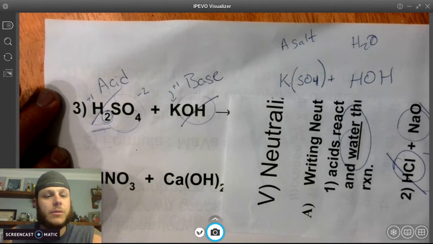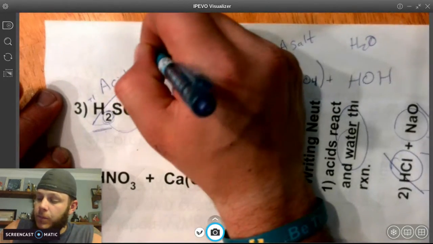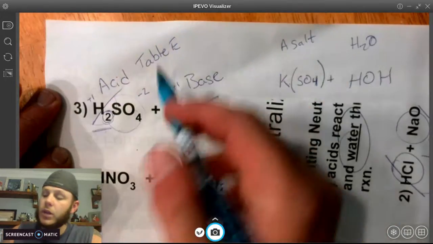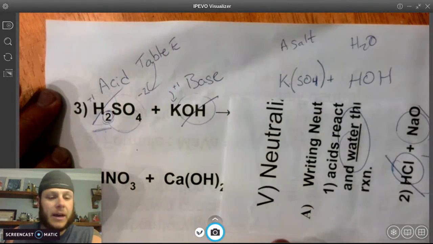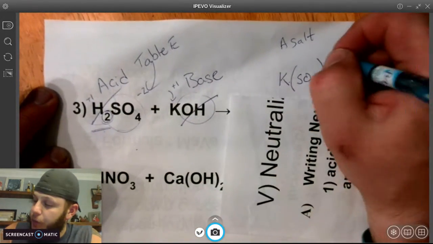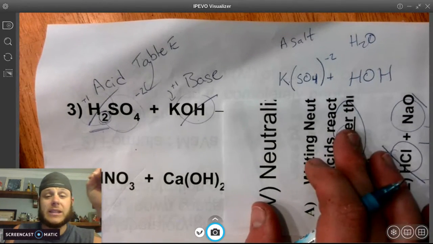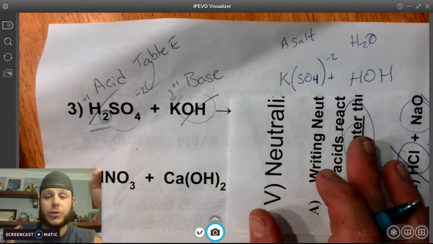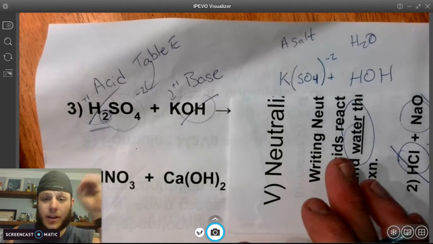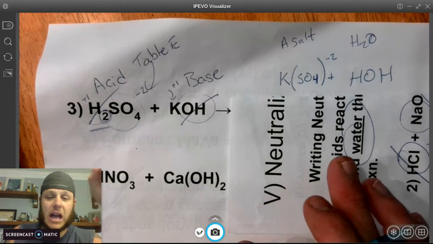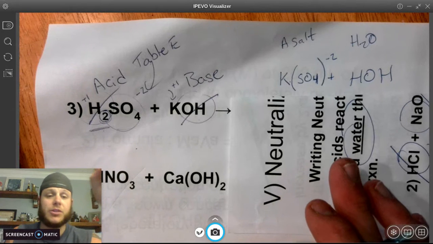It's in the reference table. Table E tells me SO4 is a -2 ion. If it's a -2 ion, I come back over here. There's a lot of review in this lesson, so we are going to make sure that you practice it. If you're not using the reference table, it's not going to work. I promise you.